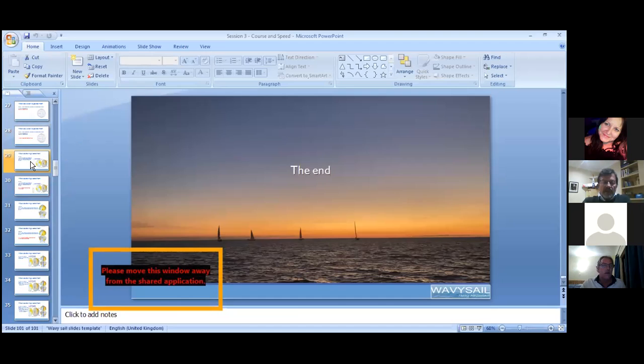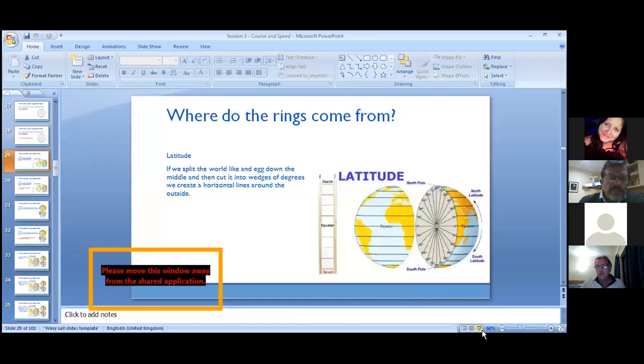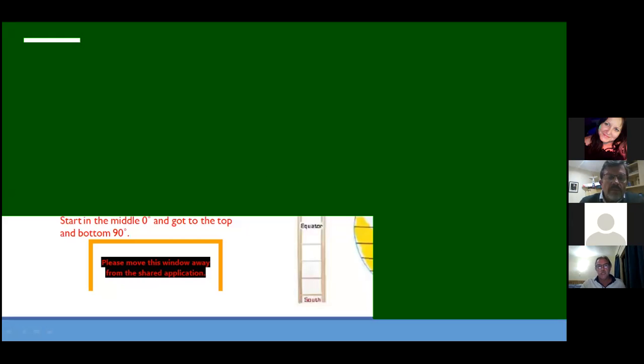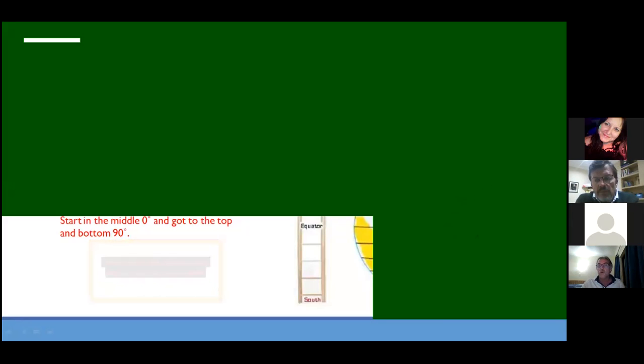Okay, so there's your latitude. We start in the middle of the planet at 0 degrees on the equator. And we go to the North Pole, either side, from 0 to 90 degrees. So it only goes as far as 90, or to the South Pole, 0 to 90 degrees. So it will never get higher than 90 degrees.